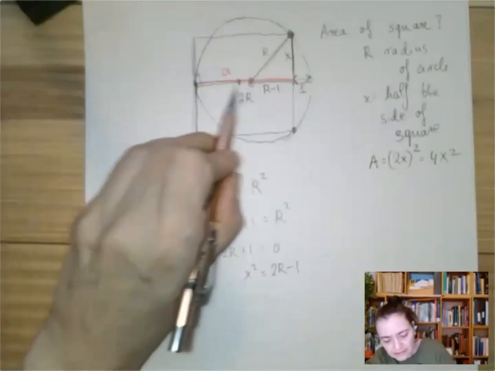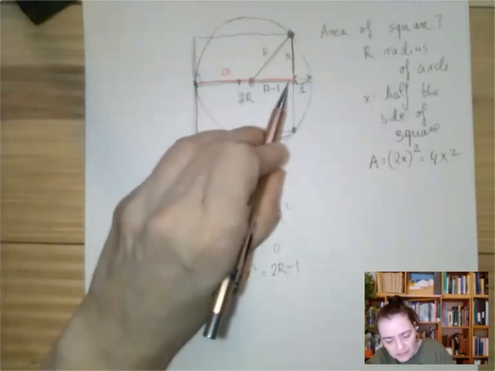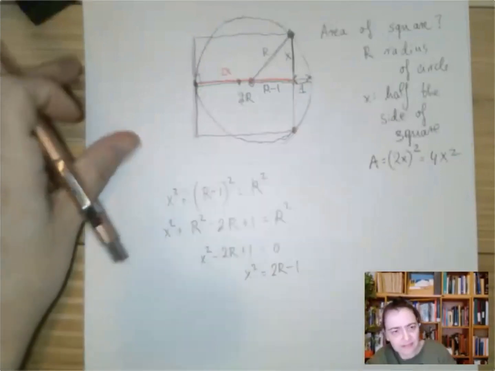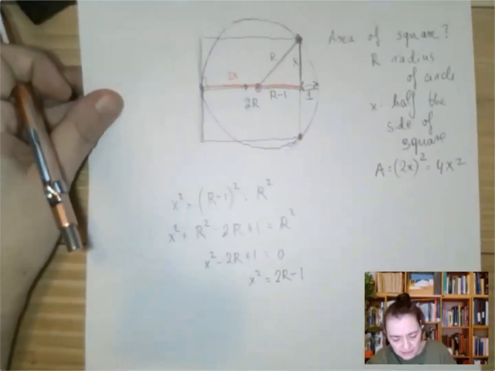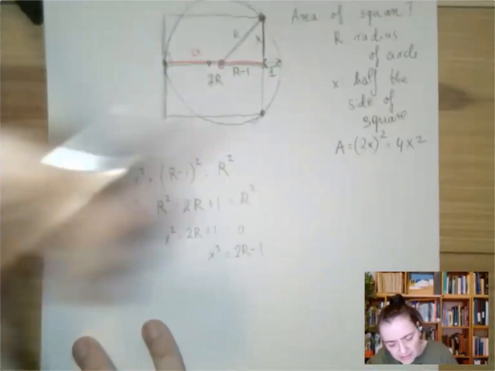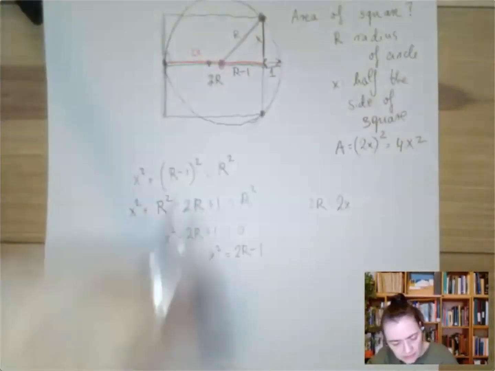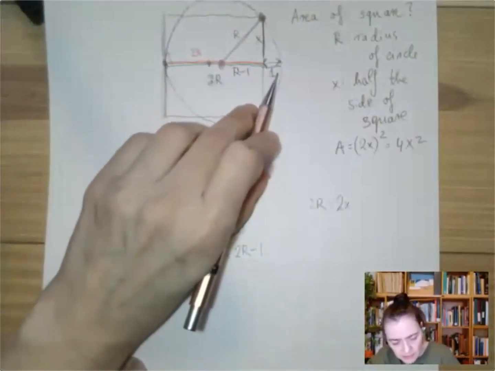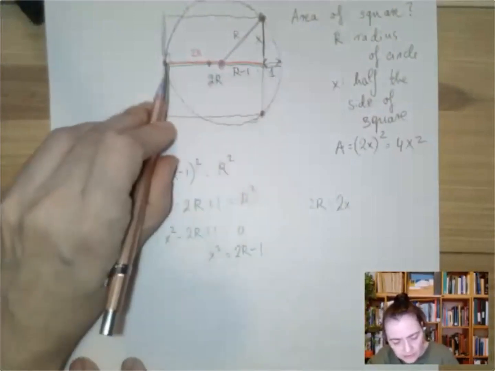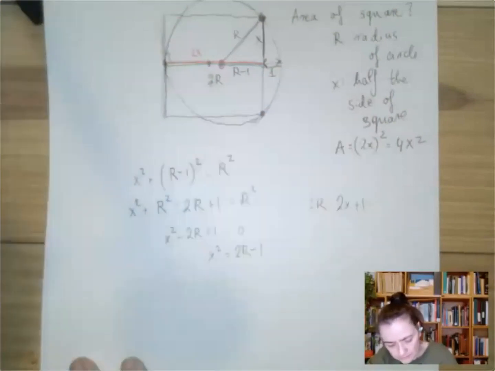So the green line is 2r, the red line is 2x, the difference is 1. So actually that's a simpler equation. And that says that 2r equals 2x plus 1.